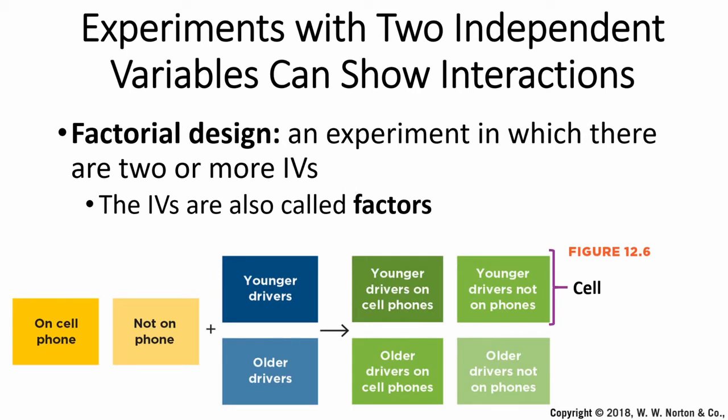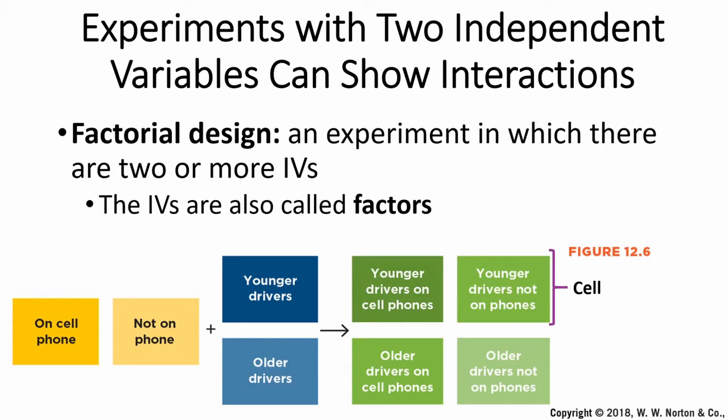Now, in most cases, when you're setting up a factorial design, you're going to end up crossing those two factors, or more if you have more. You cross them so that you end up with all possible combinations of those factors.